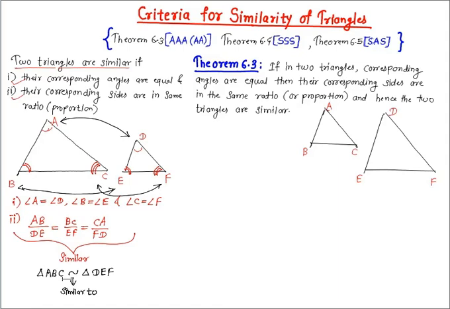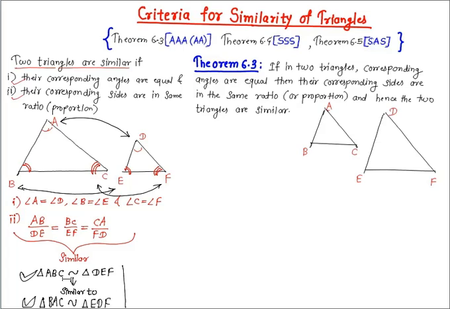Here you need to note that while writing similarity of two triangles symbolically, we need to use correct correspondence of their vertices. So in this example, since A corresponds to D, B corresponds to E and C corresponds to F, we can write triangle ABC is similar to triangle DEF in this way, or we can write triangle BAC is similar to triangle EDF.